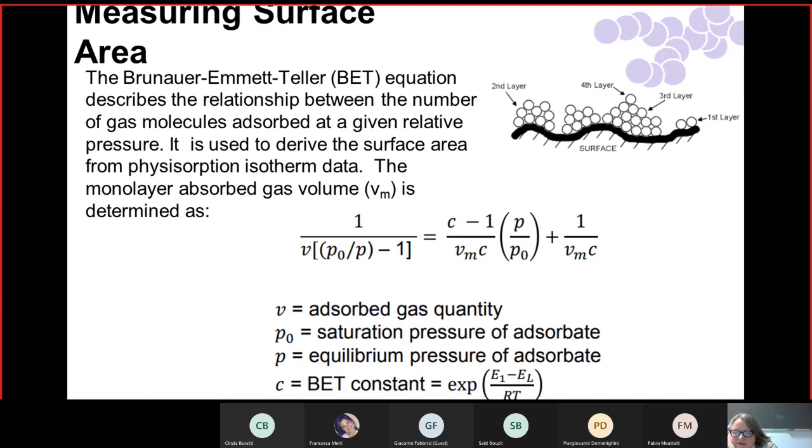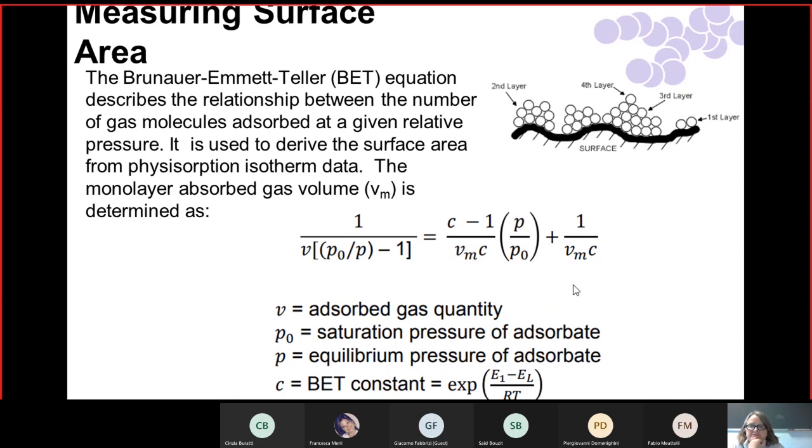So it is calculated when you do an analysis. And so this sort of relationship exists. This is the thing we want to determine right here, using this information from the BET equation.